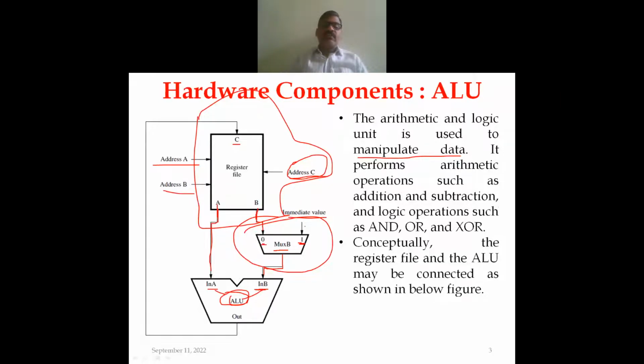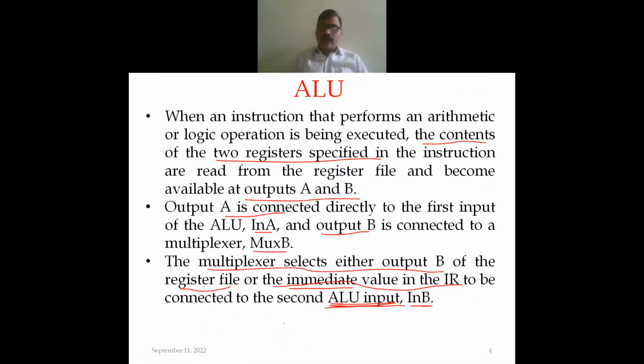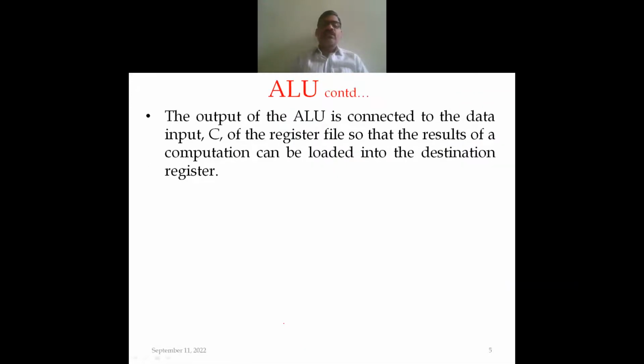Otherwise, if it is a register operand, the mux will select through the selection bit 0, and that B register file output will be given as input, directly connected to INB, which acts as the ALU's second input. This is how the connection between the register file and the arithmetic logic unit is made.